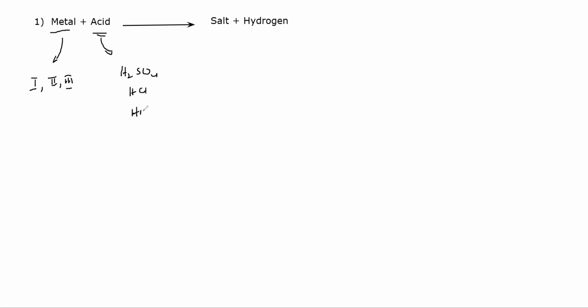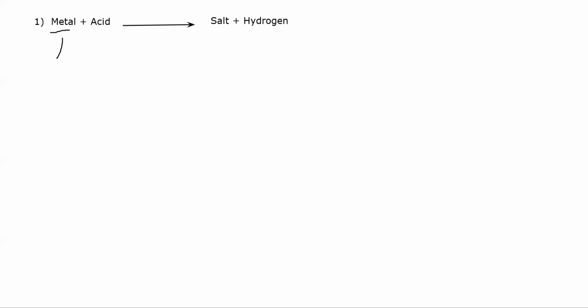These all are acids. So when acid reacts with metal, or metal is reacting with acid, this will result in the formation of salt and hydrogen. Now, first we discussed how to complete a word equation.